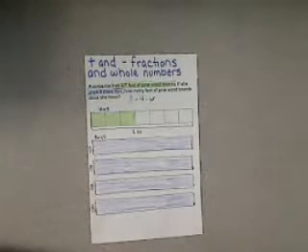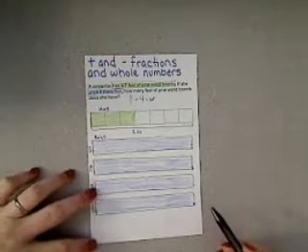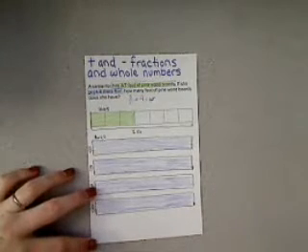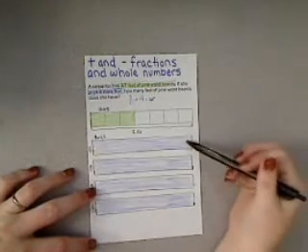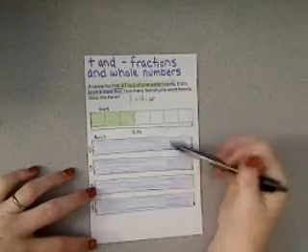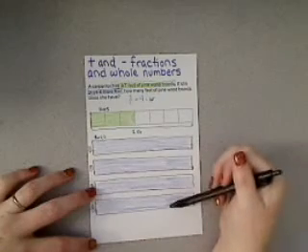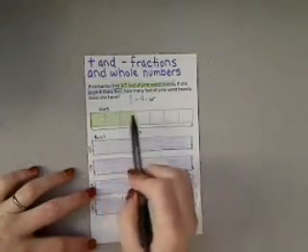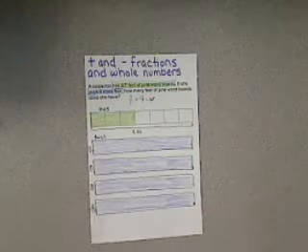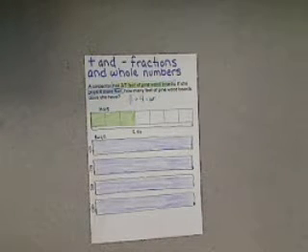Pardon me, I got stuff caught in my throat this morning. And so now I'm thinking, okay, I've got these 4 whole feet of wood. And then I have these 3/7, but how do I write that? How do I do that?